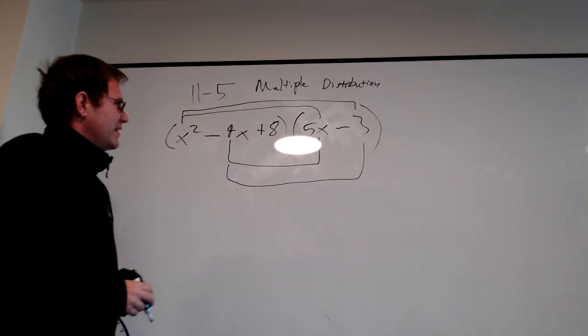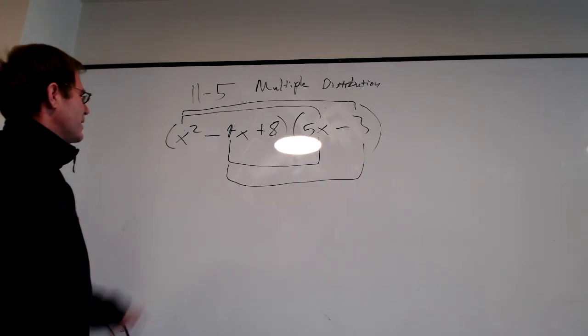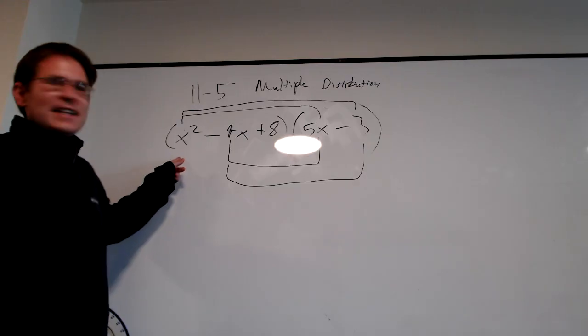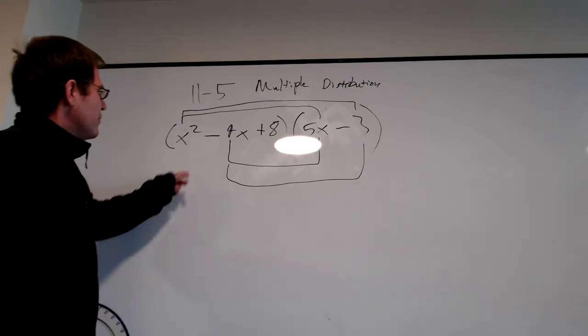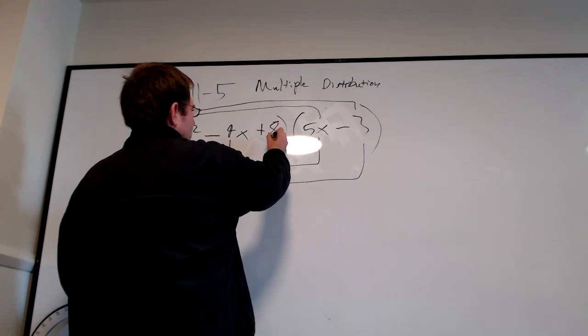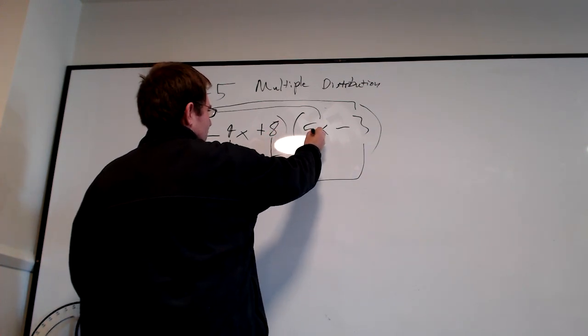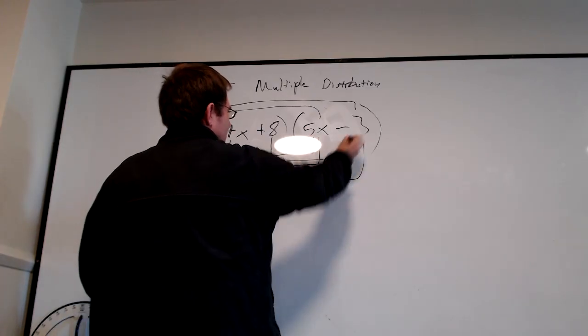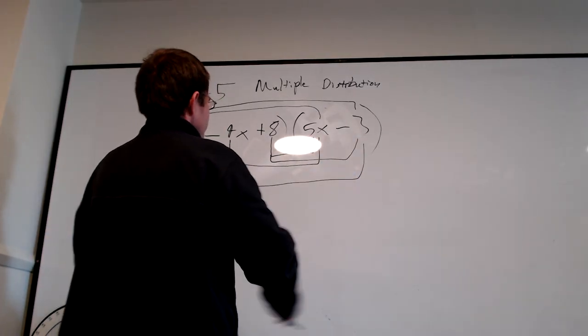Which one do you do first? It doesn't matter. But normally it's easiest to start over at the left, I think, just to keep track of things. And then you're going to take 8 and multiply it by 5x. You're going to take 8 and multiply it by negative 3.